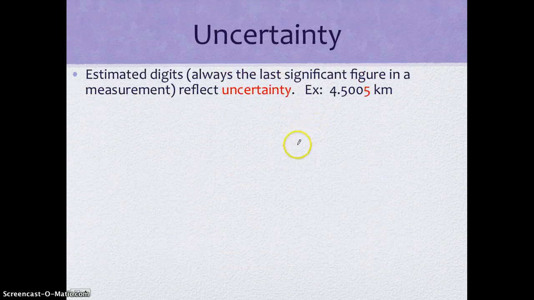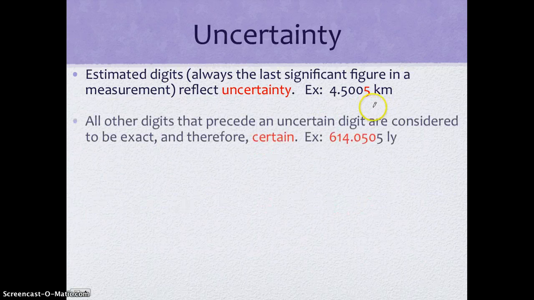So, uncertainty. Estimated digits, which are always the last significant figure in a measurement, reflect uncertainty. And so if you look at this number here, all I'm saying is, in this particular measurement, since this 5 is estimated and it's the last digit, that is our uncertain digit. Makes sense.